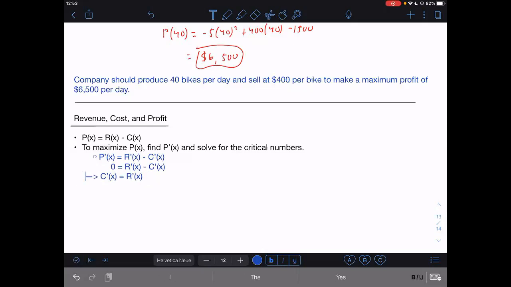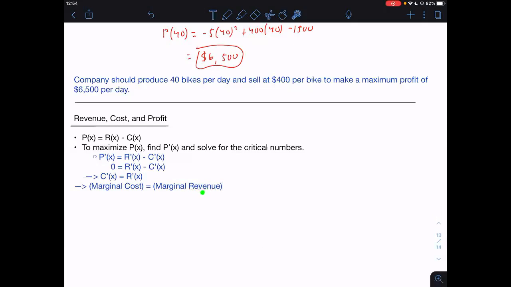In other words, to maximize profit, it is equivalent to when the marginal cost equals the marginal revenue. So when the change in our cost equals the change in our revenue, that's going to maximize our profit.